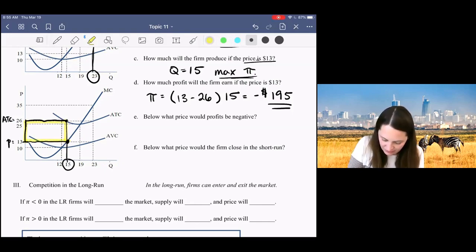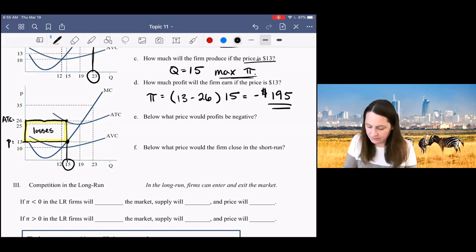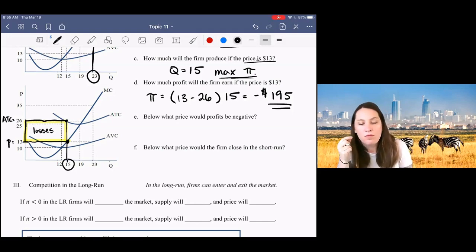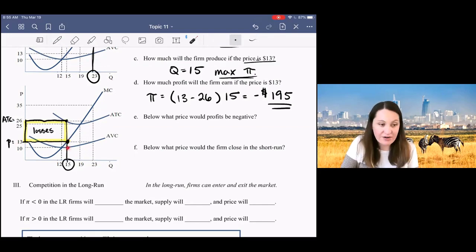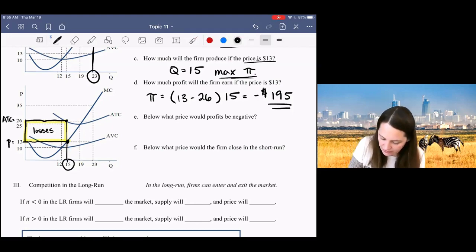You can either label this profits or you can label this losses because it's negative. Now, why is the firm here continuing to operate or produce a quantity of 15 even though they're losing money? That's because at a price of 13, we're still above our average variable cost curve, so the firm will continue to operate in the short run.